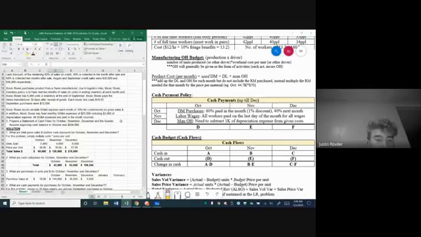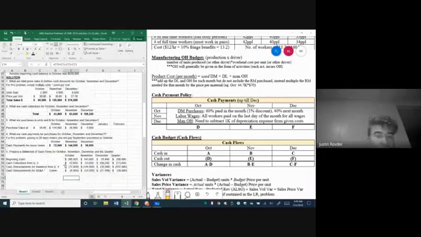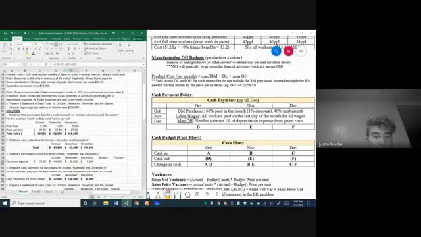So let's start with the variable. The variable commission is 10%, and that is based off of that month's sales. So October is $6,000. In November, you're paying $12,000.